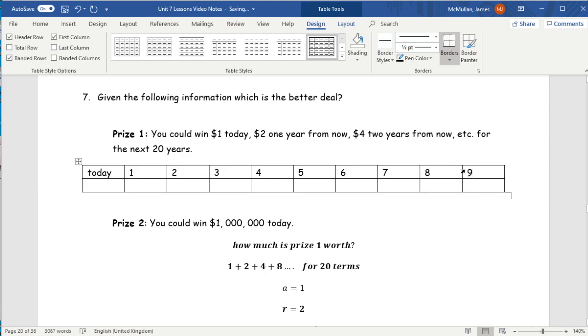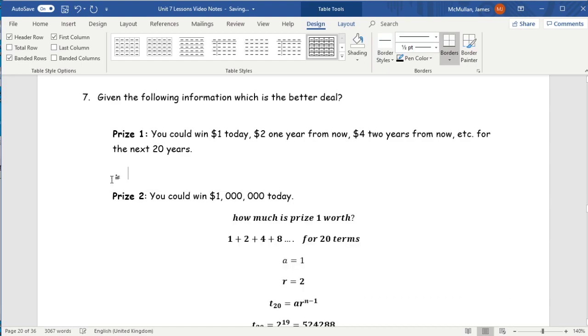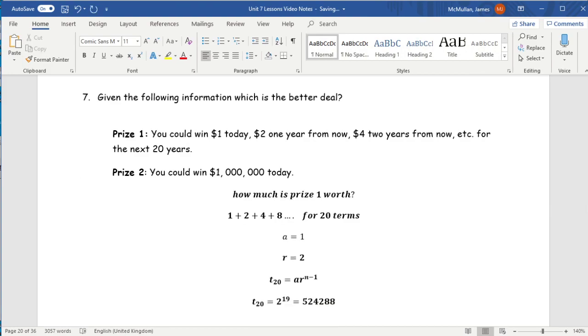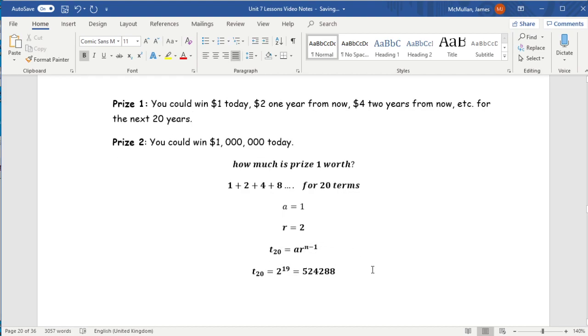Do you see what I mean? Where do I stop at 20? In which case today is the 0th term. It's a little bit confusing. Let's put that to the side just for the purpose of the question. But what I'm assuming here is that we don't actually get it on the 20th year. That this happens 20 times is what I think the question should say.